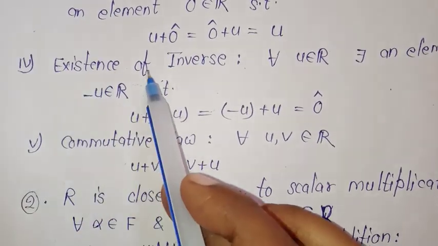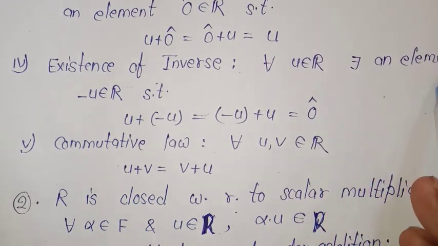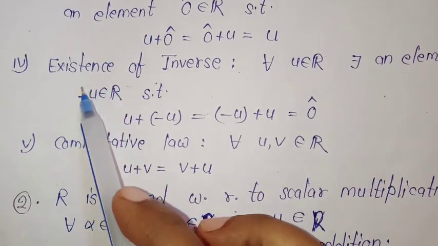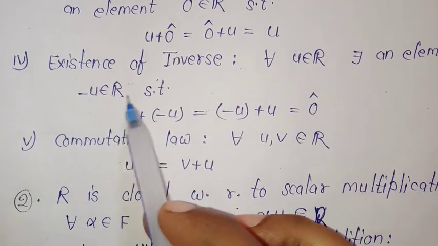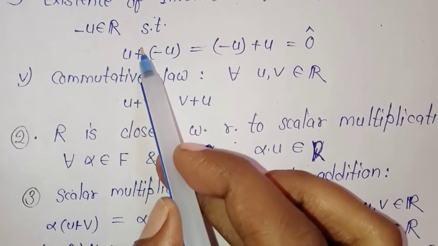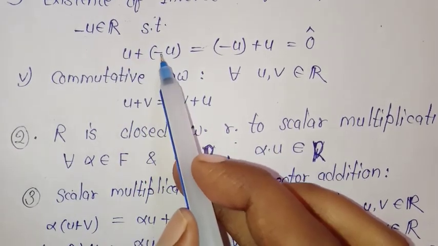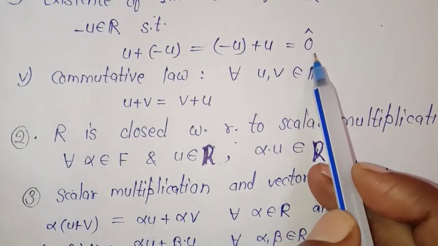Next, existence of inverse: for all u belonging to R, you will get an element, the additive inverse of u, belonging to R, such that if you apply the internal composition over these two elements, you will always get the additive identity, that is the zero vector.